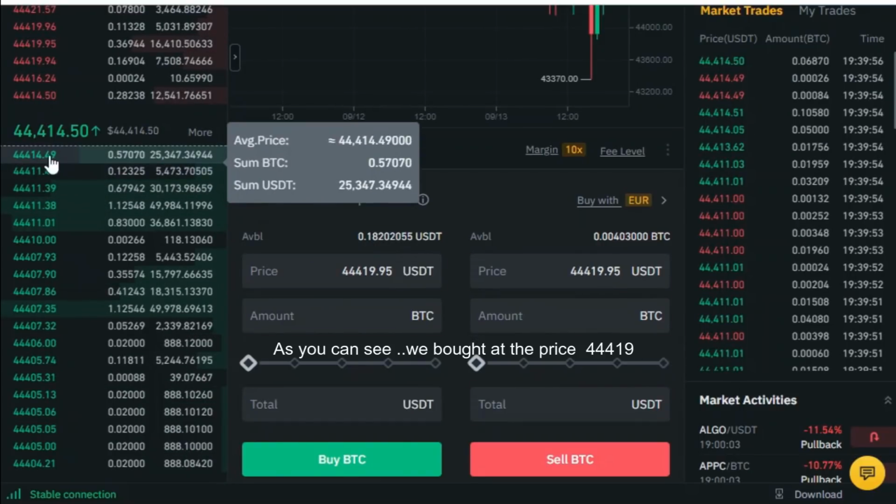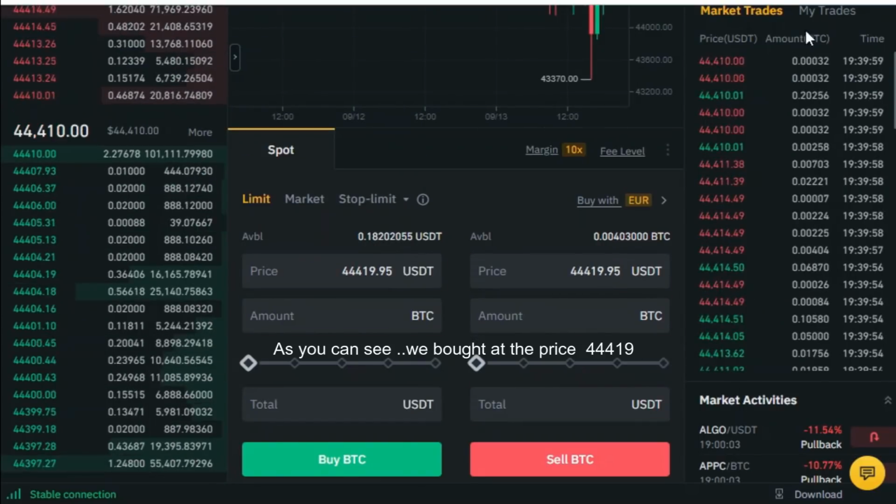As you can see, we bought at the price 44,419.